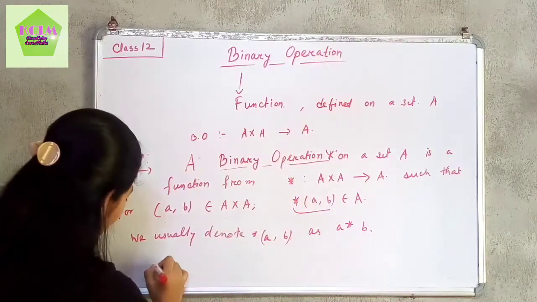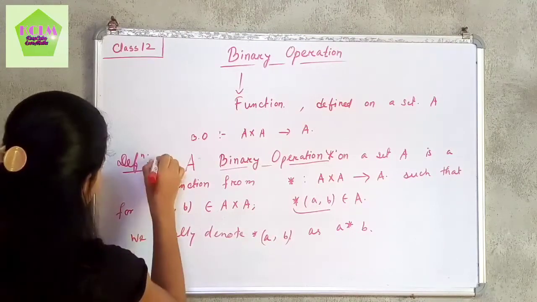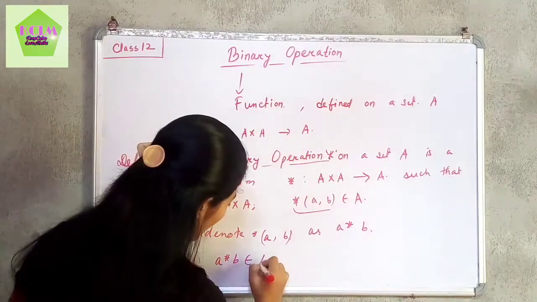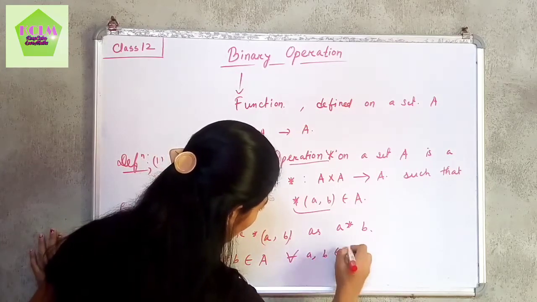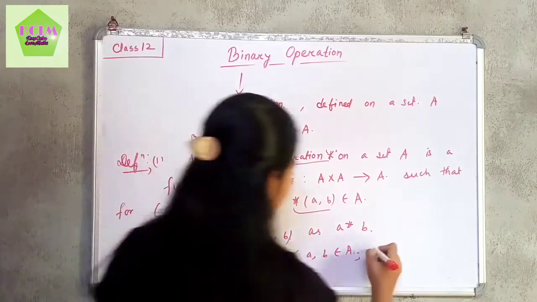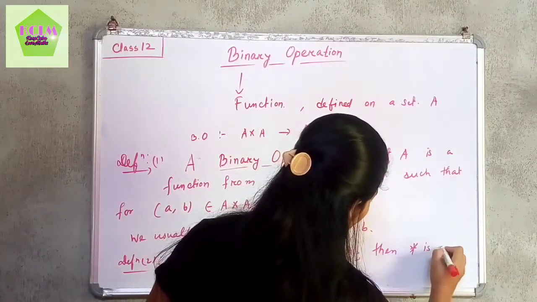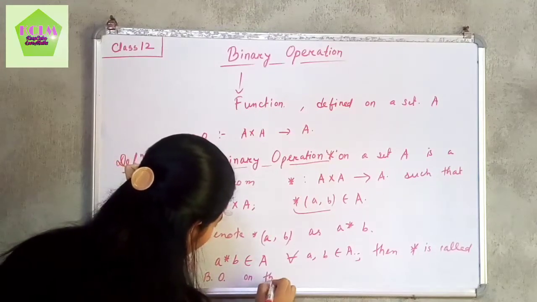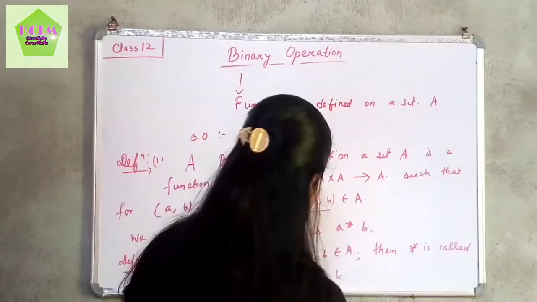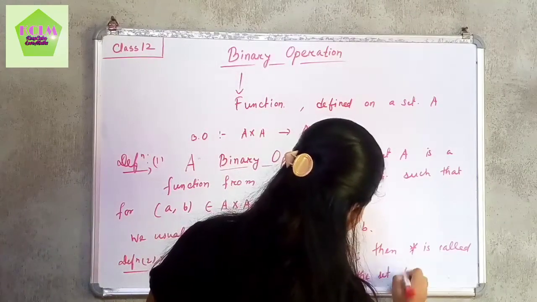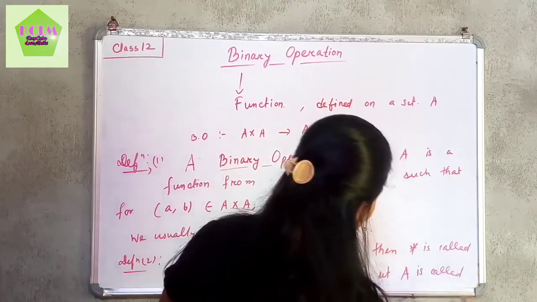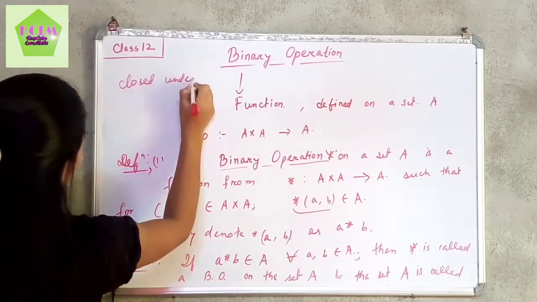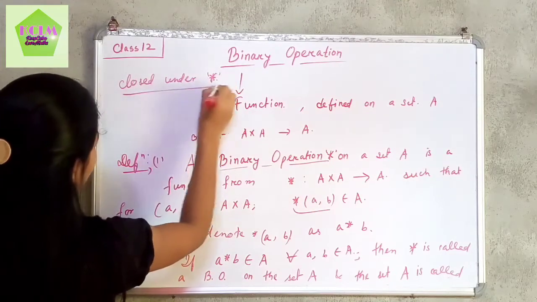Or we may write, if a star b belongs to A for all a, b belonging to A, then star is called a binary operation on the set A. The set A is called closed under this operation star, right?